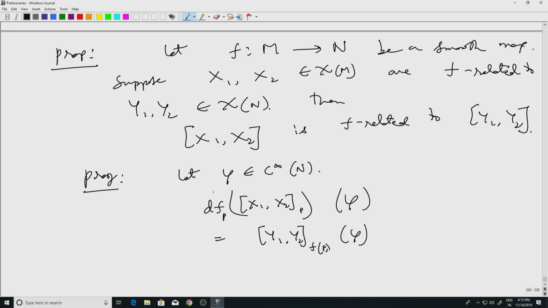So again a question mark here. This is what we are trying to verify. Let's see how it goes.